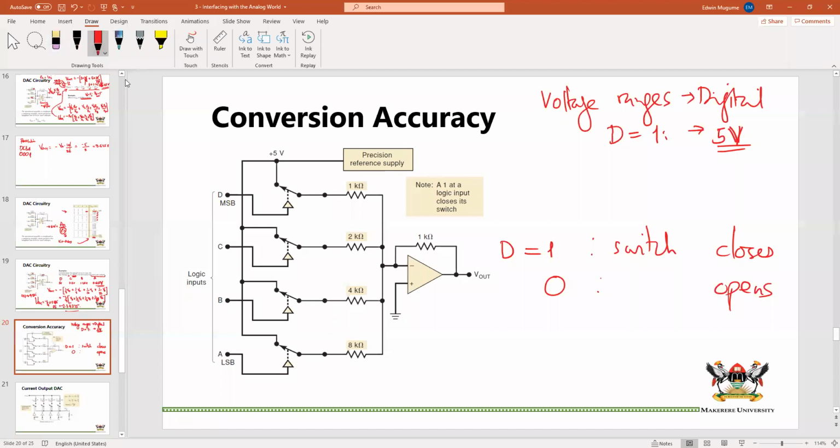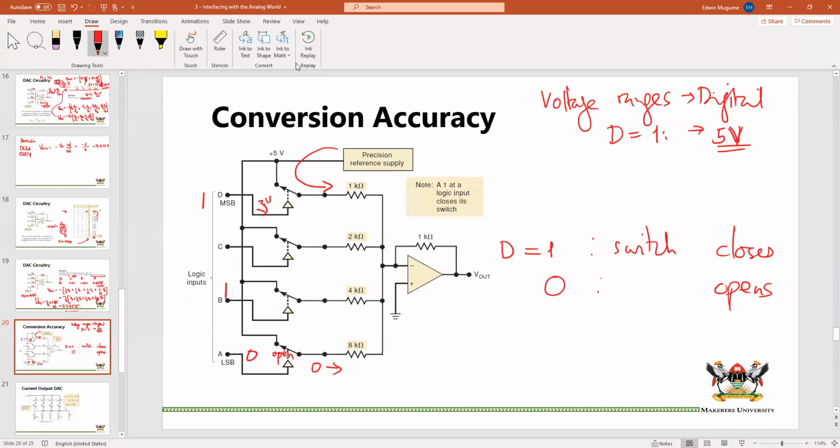So if we have a 1 here, we will get our 5 volts coming through here because the switch will be closed. We will not be getting whatever voltage was here, because this could be 2 volts or 2.5, which would still be digital logic 1, but we need to generate 5 volts. If we have a 0 here, this is open, and we have 0 going in there, which will have no impact.